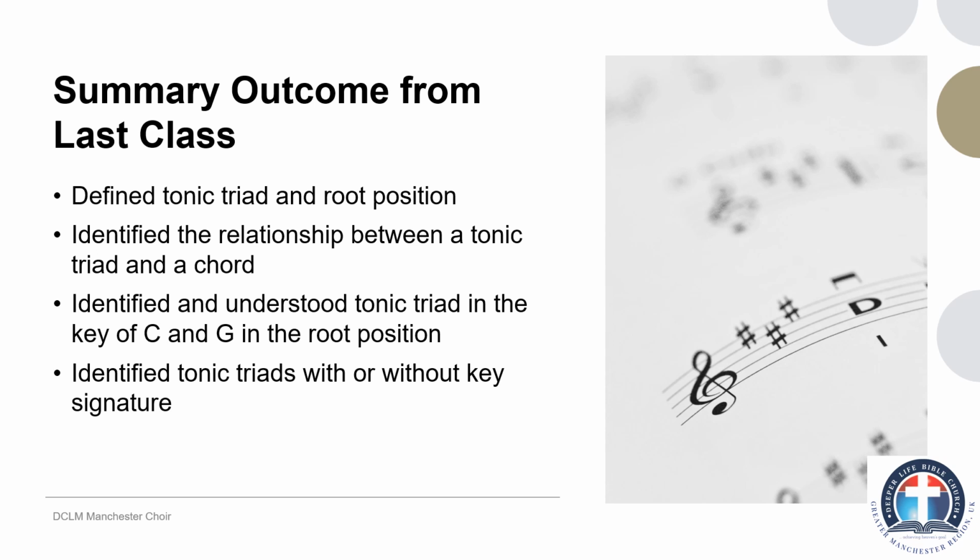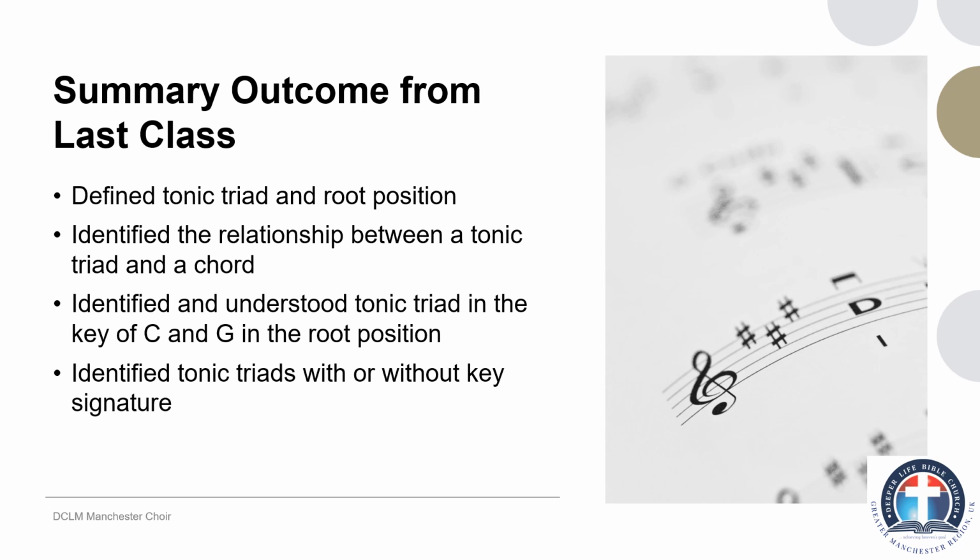Remember that we talked about what a tonic triad is, what root position means, and then we talked about the relationship between the tonic triad and a chord. We said that a chord is not necessarily a tonic triad, but a tonic triad is a type of chord. It's definitely a chord because you play three notes together for a tonic triad, but for a chord you can play two or more notes together.